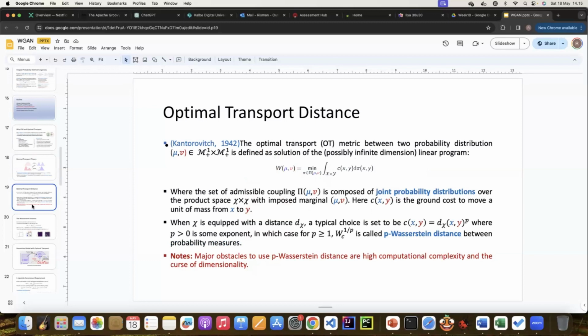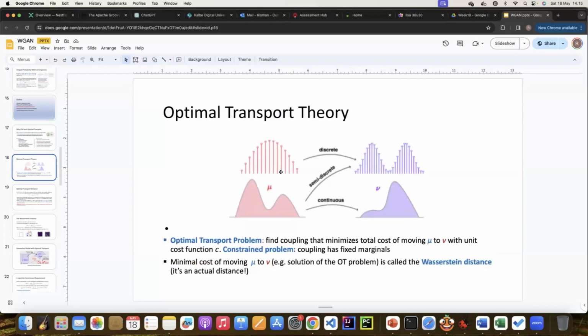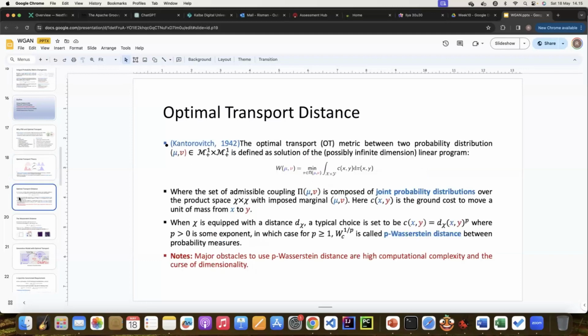It means that we don't have to have one-on-one mapping of unit mass, but he made it more flexible, a relaxation. So he changed the definition of W mu nu as finding the minimum path or minimum total cost of this integral.